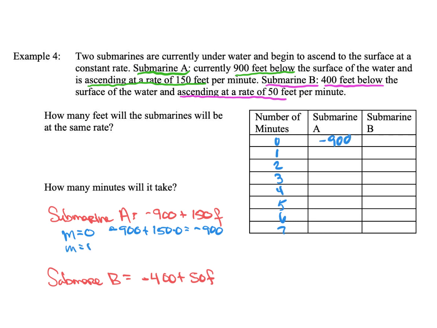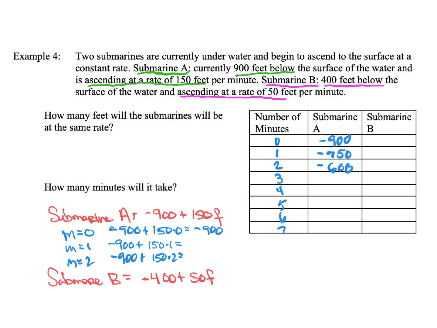And then we have minute 1, negative 900 plus 150 times 1. Oh, that's negative 750. Okay. And then what about minute 2? Negative 900 plus 150 times 2. Put that in your calculator. That's negative 600.